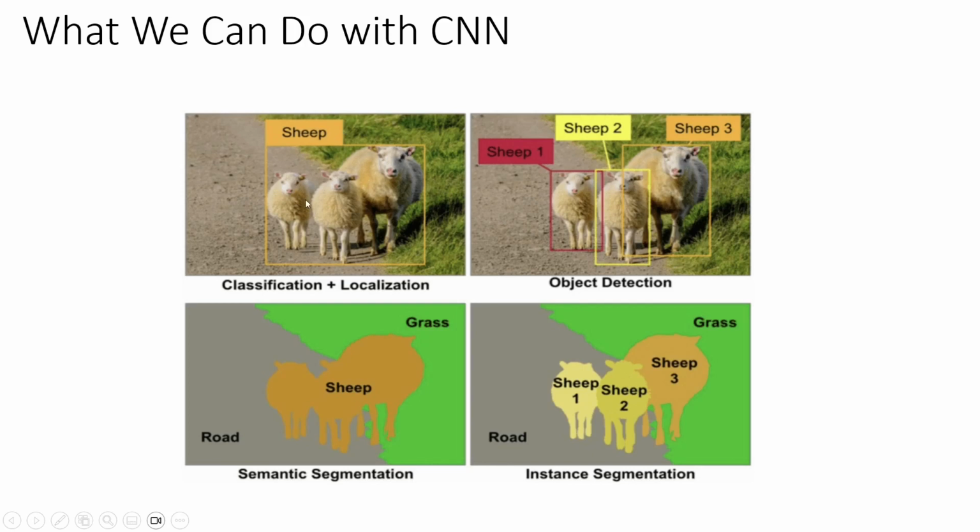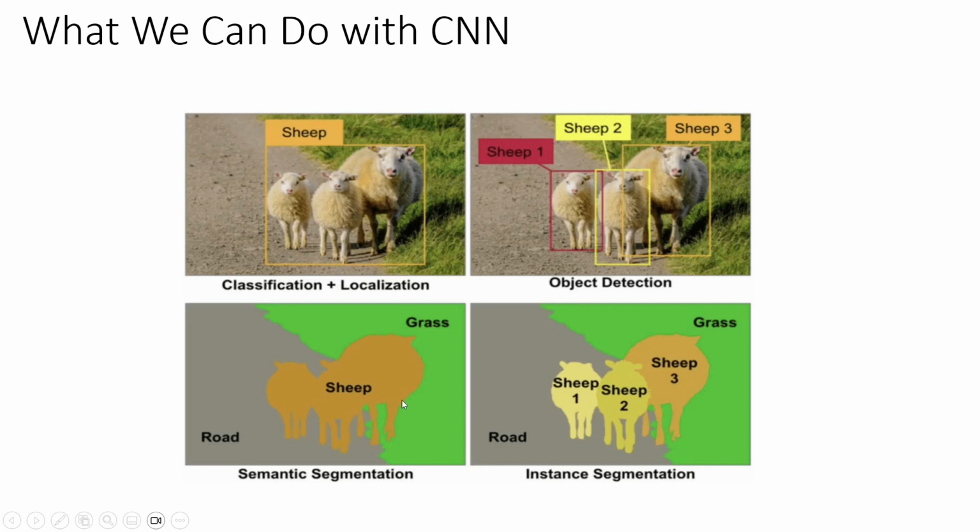We can basically, for example, find the shapes on the image. That means you need to find the shapes and you need to find the location of those shapes. And that's called classification and localization. And if you would like to find the individual shapes on the image, that problem is called object detection. So you basically find the bounding boxes of the sheep instances.